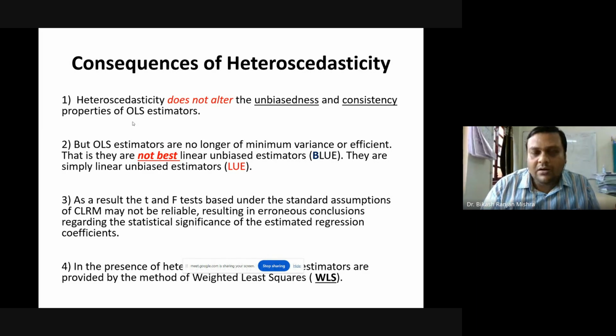So it will be no longer BLUE; it will be only LUE. So the best component will be missed out of it. So accordingly, it will be affecting the coefficients in terms of consistency, in terms of biasness, in terms of other characteristics.